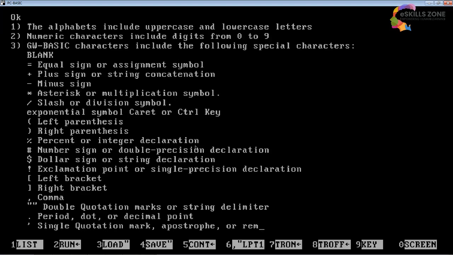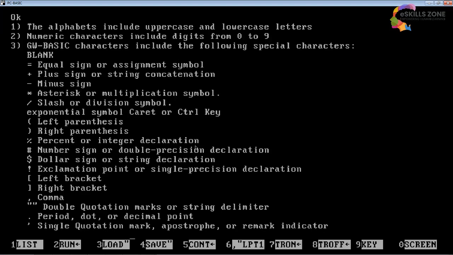You should be familiar with all the specific names of all these characters, so you can see that every single character has more than one name, so we should be familiar with all these technical and specific names. This is called single quotation mark, apostrophe, or remark indicator.